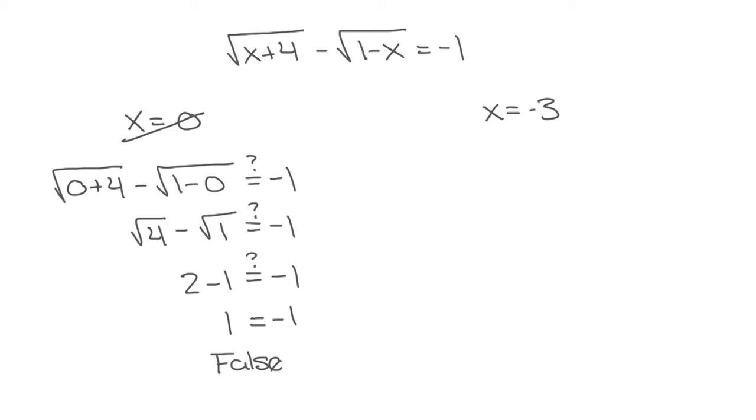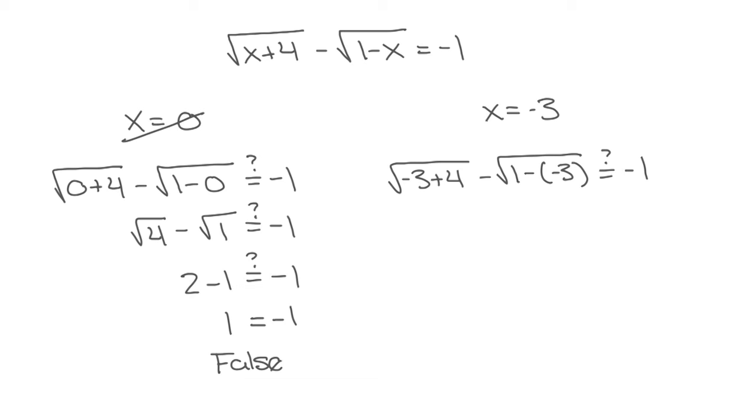Now let's check x equals -3. Substituting -3 for x, we have the square root of -3 plus 4 minus the square root of 1 minus -3, and we're checking to see if that is equal to -1.